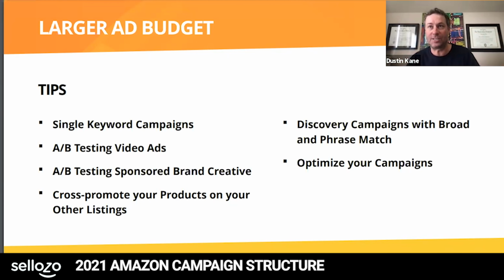One thing that you heard Chris say on every single one of these, and we're talking about large ad budgets, is you heard the word test over and over again. That's the difference between having a larger ad budget and a smaller one. You're going to have a lot of spend on testing, which means you have to optimize constantly. Because when you're testing stuff, you don't want to test it indefinitely.